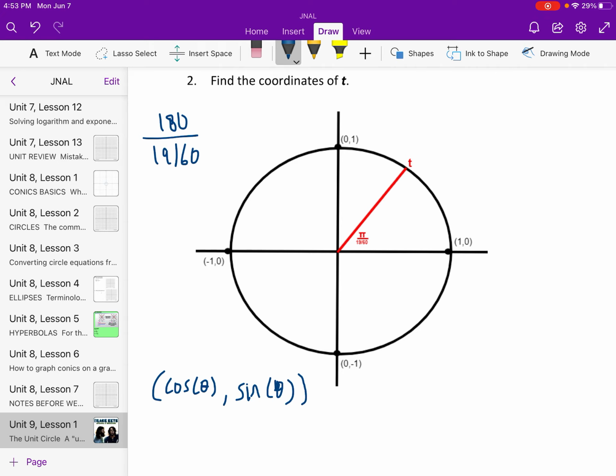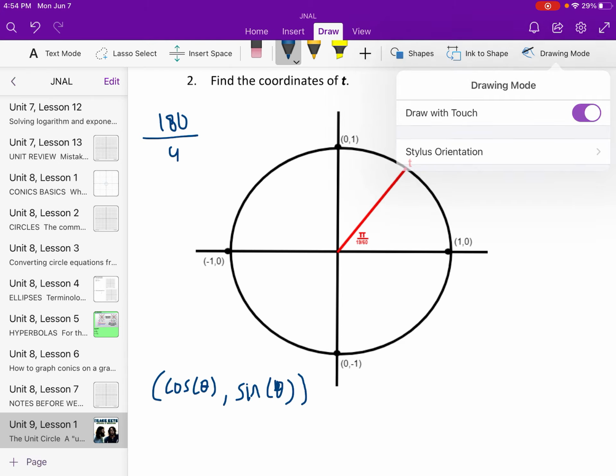So let's just pretend that instead of 19 over 60, we had, let's just go with 3. Or actually, let's just do 4. Does that come out evenly? Yeah. Okay, so let's just pretend that's what it was, even though that doesn't really look like what it would be.